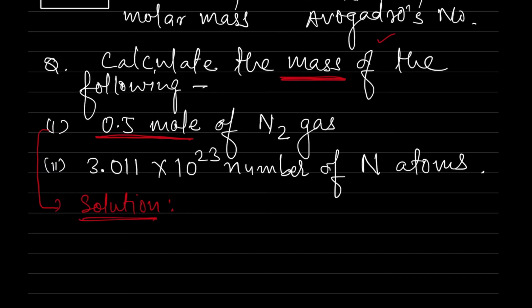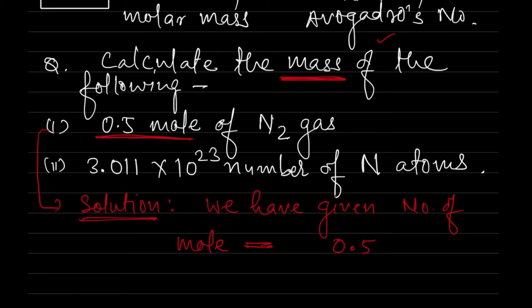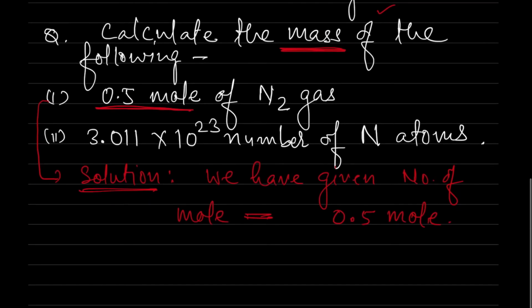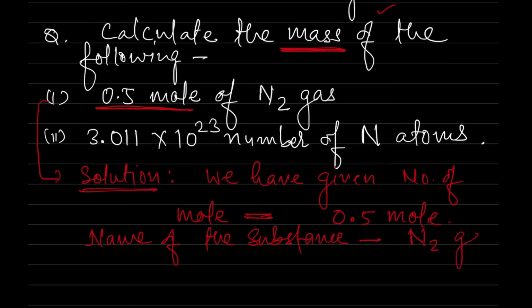See, we have given number of mole, that is 0.5 mole, and the substance has given, name of the substance, is nitrogen gas.